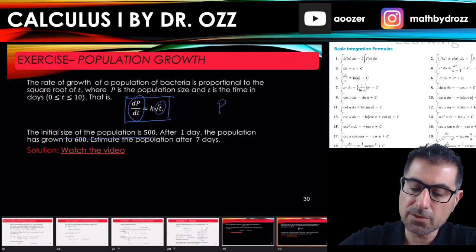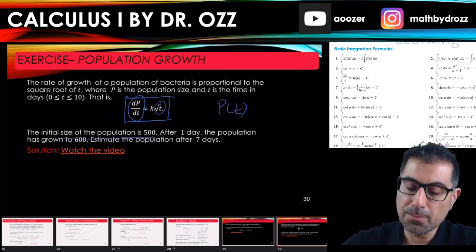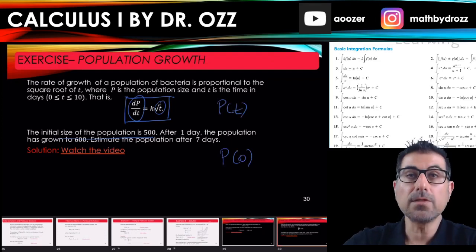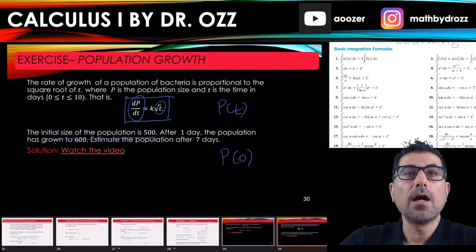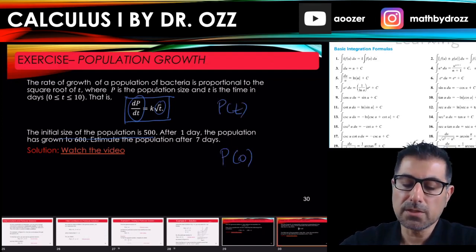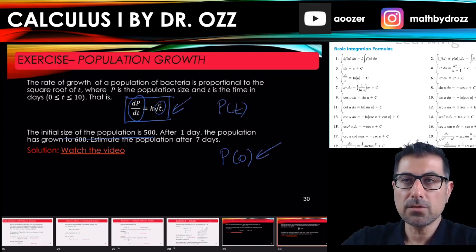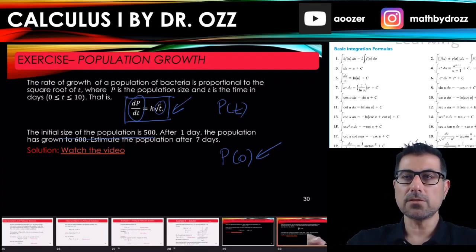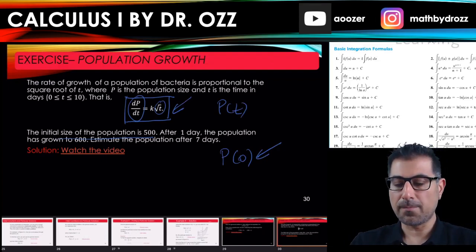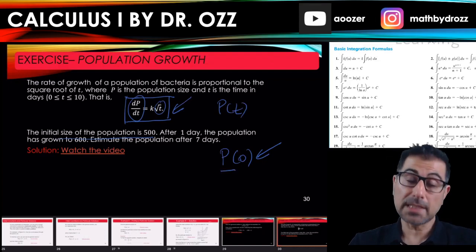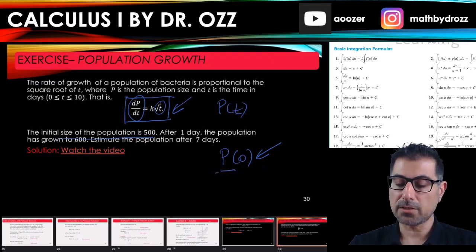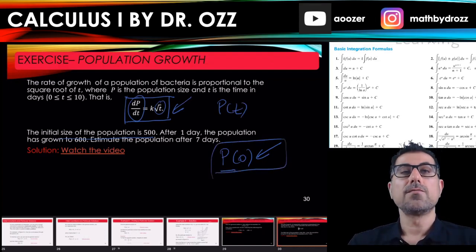So p is a function of time, and you're provided p of 0, which is your initial condition. What you're going to do is first solve this differential equation, and use your initial condition, p of 0 equals 500. That means you're going to get not just the general solution but in fact a particular solution, because you used the initial condition together with that.